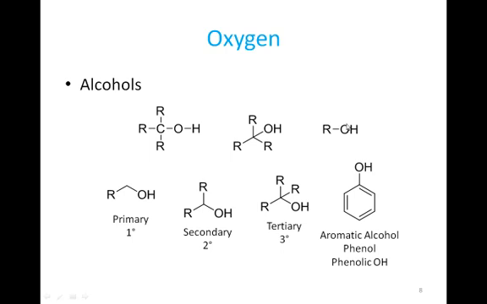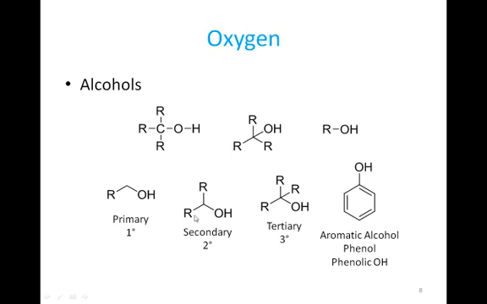So if your hydroxyl group, or your OH group, is attached to your carbon, and that carbon has one thing attached to it, we call that a primary alcohol. So look, OH, hydroxyl group, OH, alcohol group, attached to carbon, which is attached to one alcohol group.